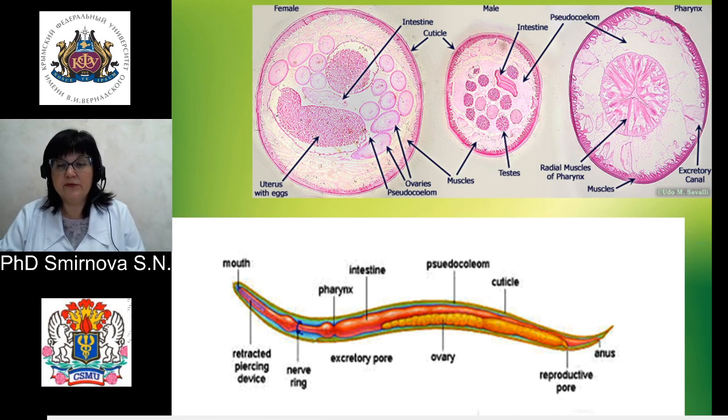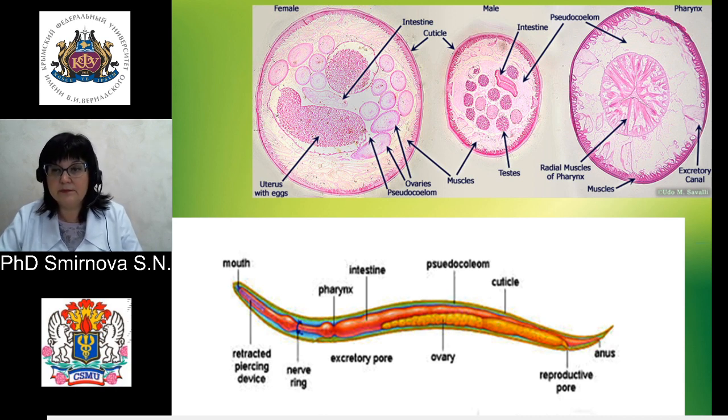If you remember, at the end of the semester we will pass a biology exam. On this slide, you can see the morphological structure, cross-section, of female and male. Male and female have typical structure.